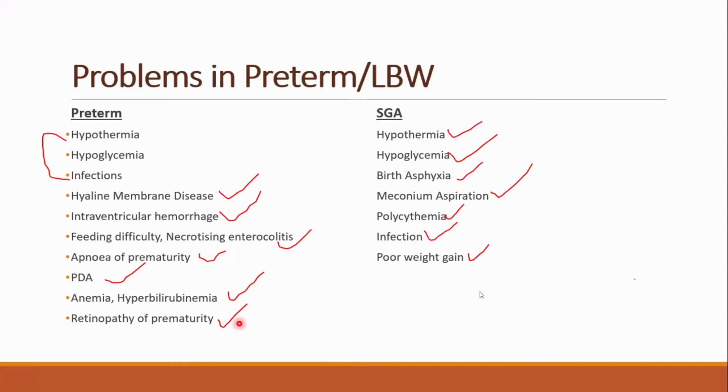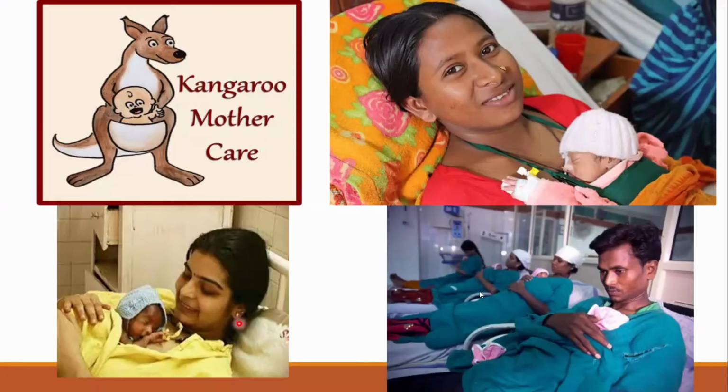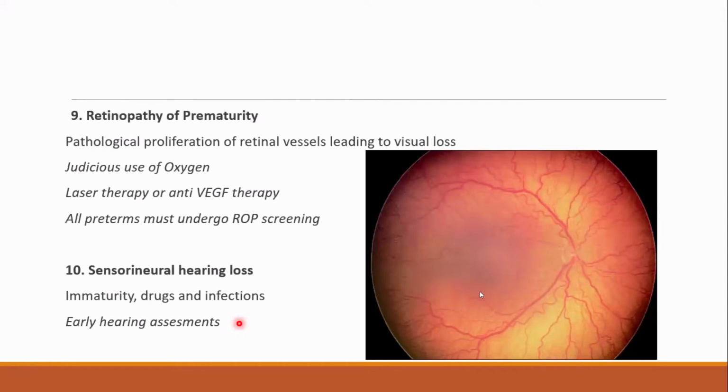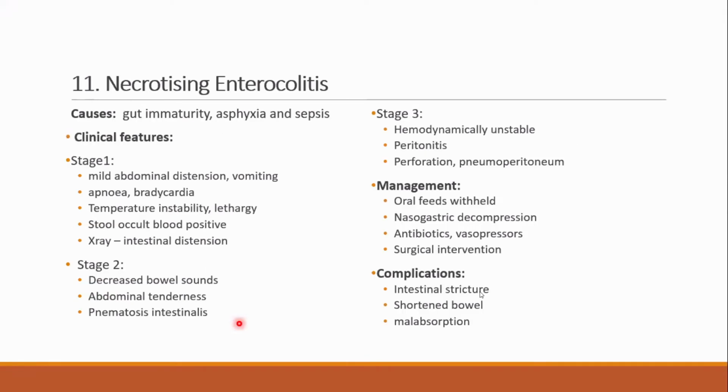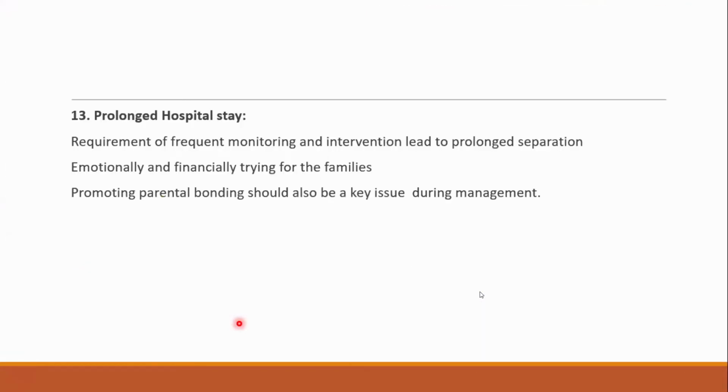And if ROP develops, we can treat it with laser therapy or anti-VEGF injection. So these are some different management of preterm babies: temperature control, infection control, hypoglycemia, anemia, IVH, ROP, sensorineural hearing loss, necrotizing enterocolitis or NEC, feeding problems, and prolonged hospital stay, which are problems preterm babies can have.